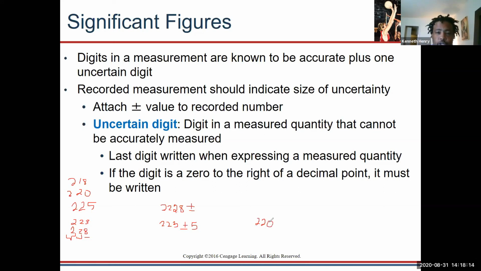And that means I have 2 significant figures. That 0 isn't significant, so that basically means that that 0, I'm not quite sure about. It could be a 0, it could be a 3, not sure, okay? And so I just put a 0 there.